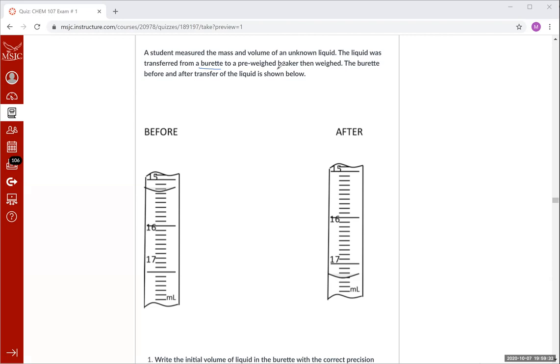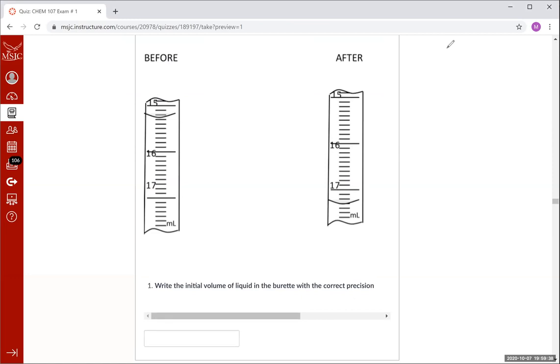Okay, so now if we're asked to measure the volume of liquid in the burette, the initial volume and final volume, first things first, I need to figure out the value of a tick. To go from 15 to 16 milliliters, it takes me 10 ticks.